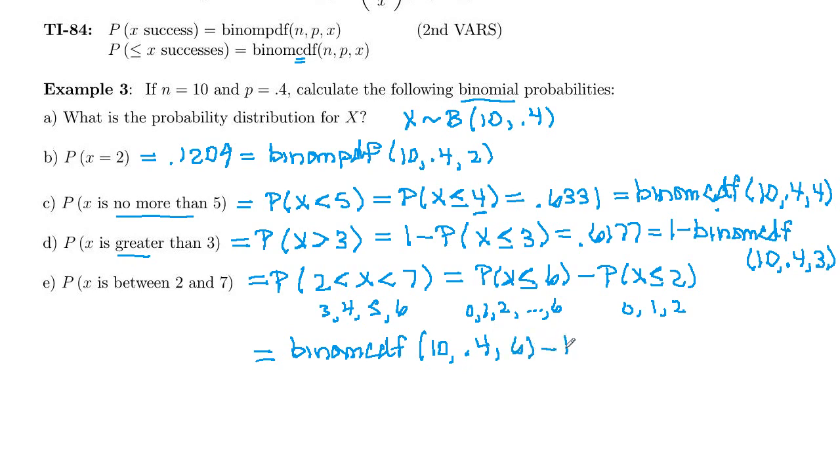Then minus binomCDF again, still 10 and 0.4 for n and p, but now x is 2. Let's enter these into the calculator.